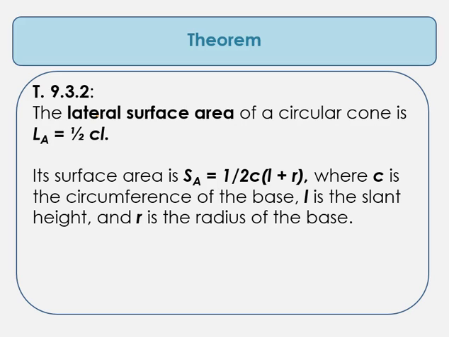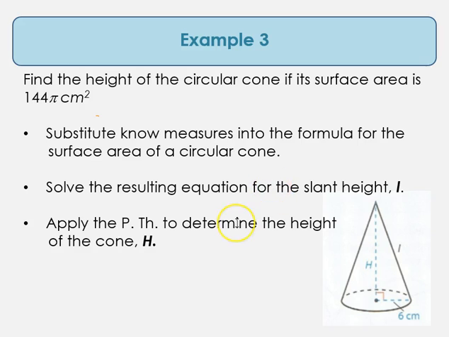That brings us to Theorem 9.3.2, which is the lateral surface area of a circular cone. Lateral surface area equals 1/2 CL, and the total surface area is 1/2 C times L, which is the slant height, plus R, which is the radius. So let's use this. Example 3 says, find the height of the circular cone if its surface area is 144 pi centimeters squared.